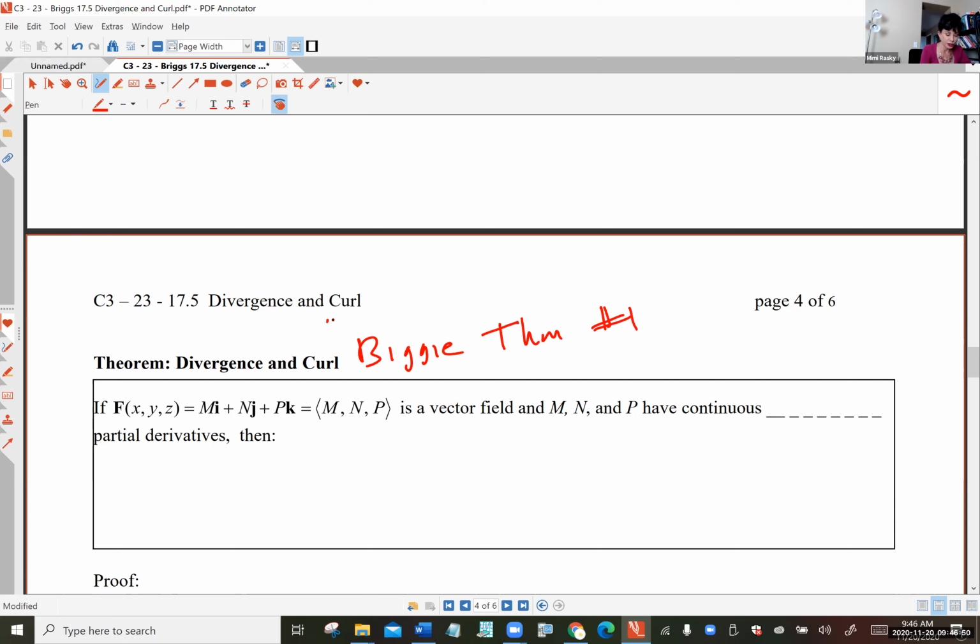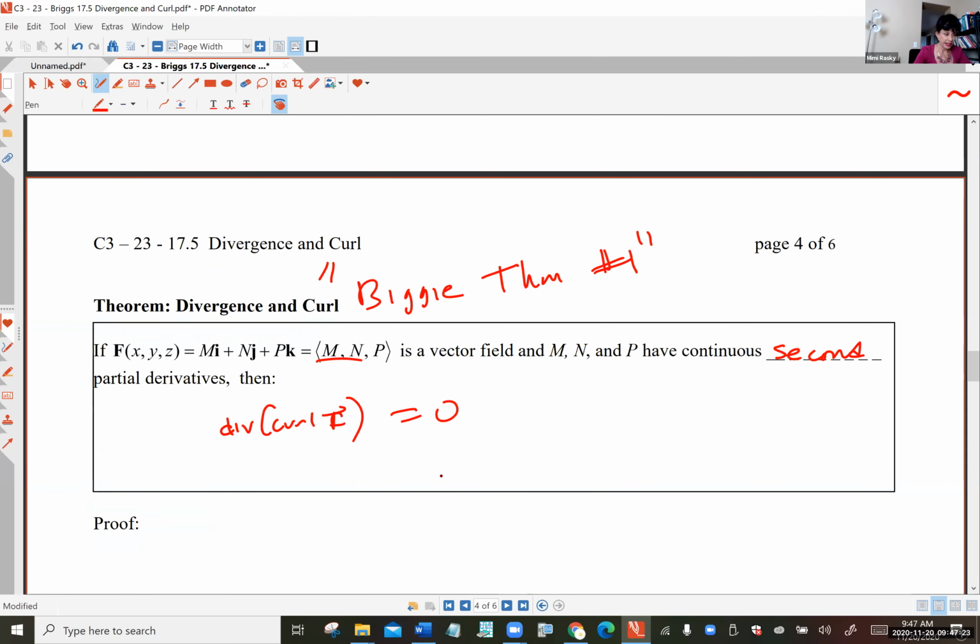That's a technical term. So if you've got a nice vector field, let's say the components are M, N, and P, and of course Briggs is probably going to say F, G, and H. It's a vector field, and M, N, and P have continuous second partial derivatives. Then if you take the divergence of the curl of F, it'll end up being 0.